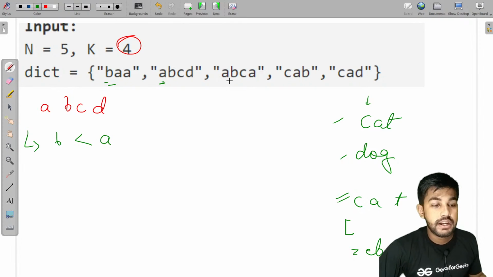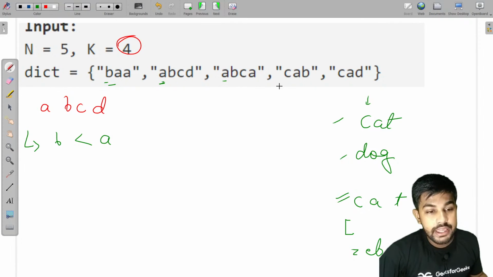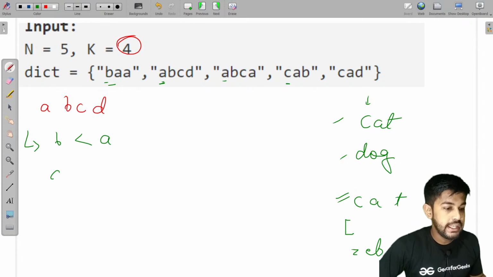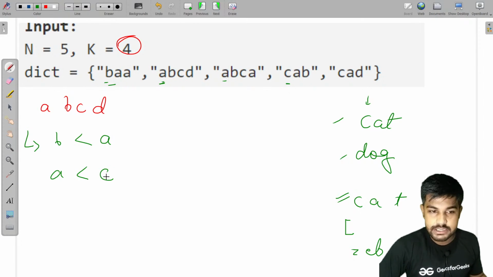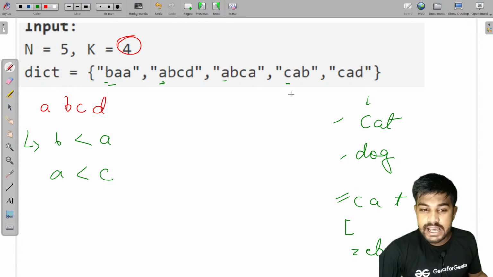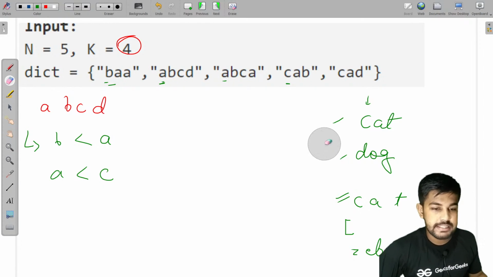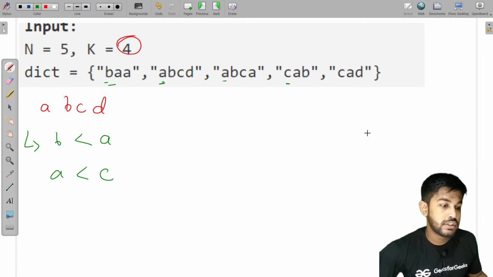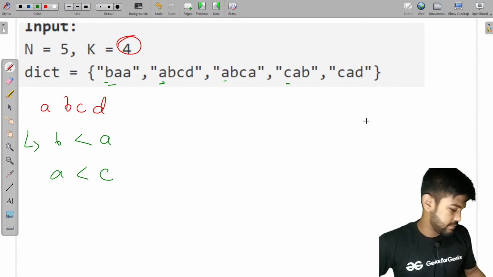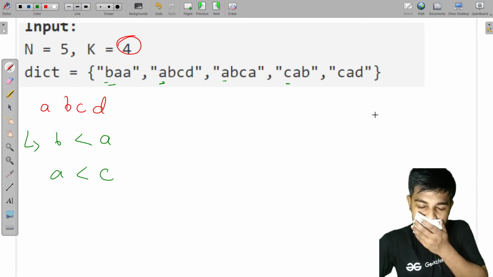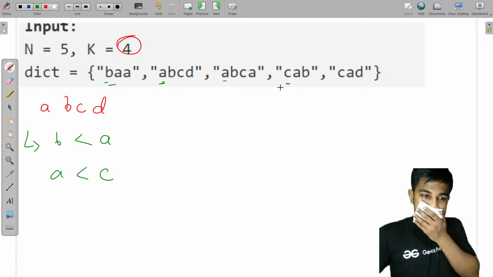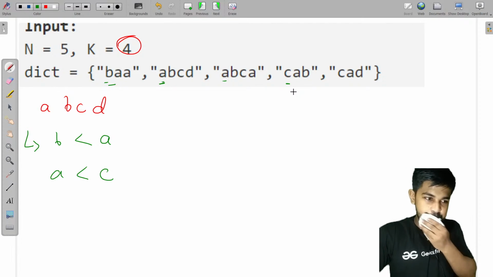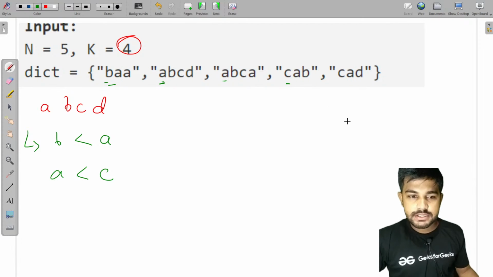Now again, we know that A is smaller than C. Now I would take another example. I'm extremely sorry.